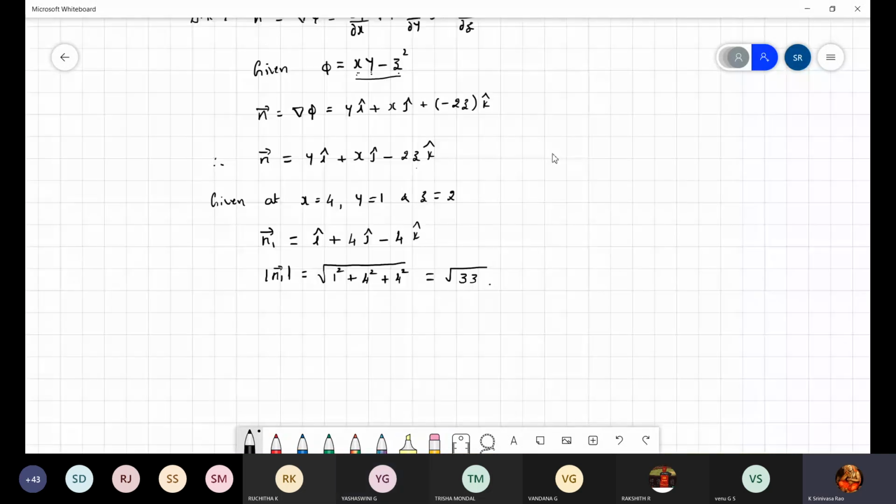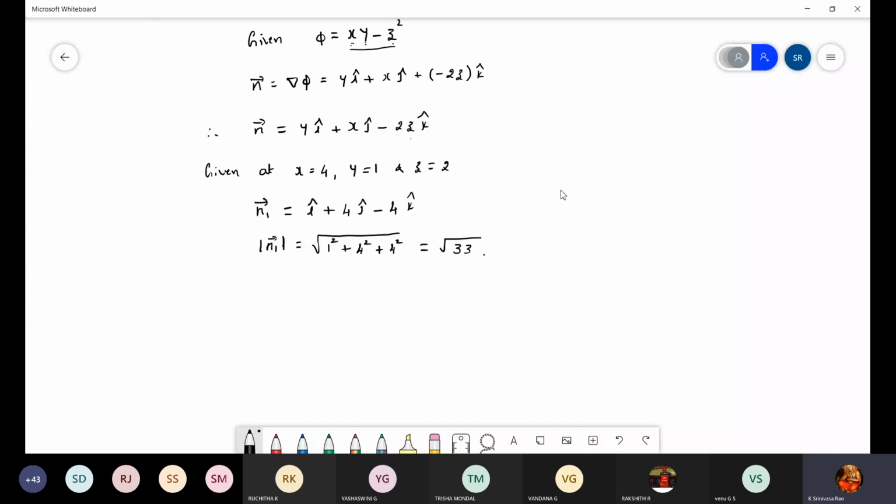Yes, sir. Okay. Second point is 3, 3, minus 3. x equals 3, y also 3, and z equals minus 3. Now you take this as n2, second vector n2.